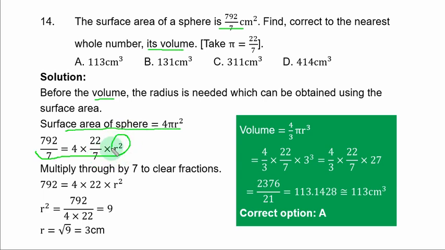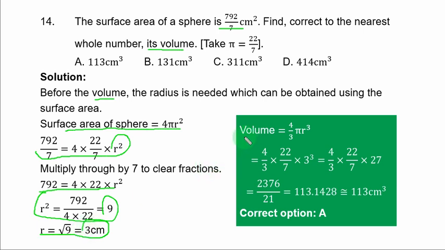Multiply through by 7 to clear fractions. When you do that, you have 792 equal to 4 times 22 times r squared. Divide both sides by 4 times 22 in order to get r squared first. So r squared is equal to this, and that is 9. To get r, take the root of both sides. R is equal to root 9, and that is 3 centimeters.